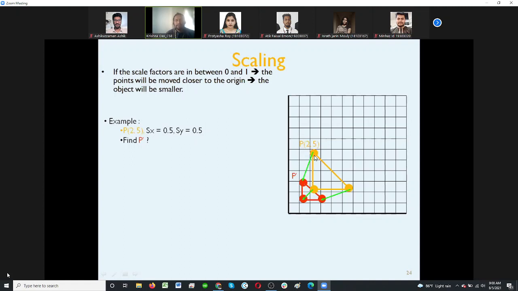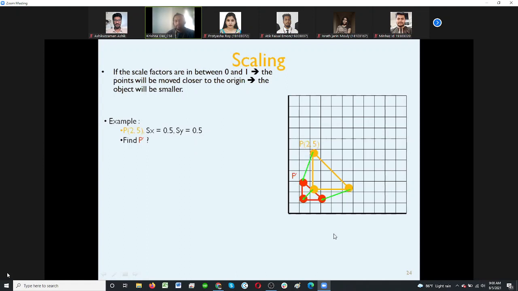So this point and this point show the movement. Now the same thing, if we apply the same scaling factors to the other points: 2 into 0.5 is 1 for x, and for the y coordinate we have 2 as well, so that will also be 1. So 1, 1 for this one.